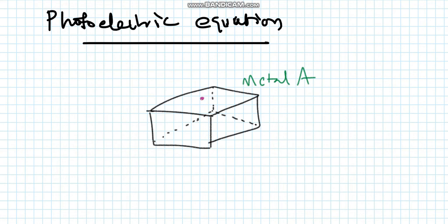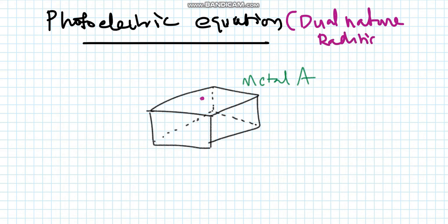Now you must listen to this part very carefully, because this will give you the difference between the classical picture of radiation as well as the quantum picture of radiation. The chapter we are studying at present is about the dual nature of matter and radiation, the first part of which is the dual nature of radiation.